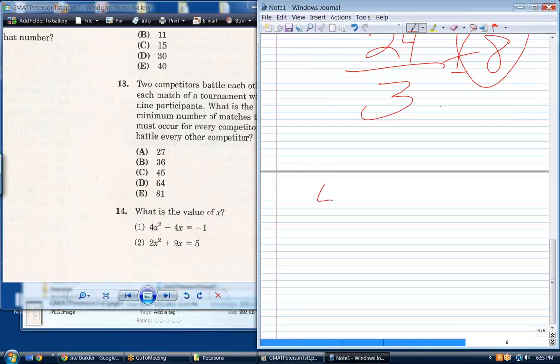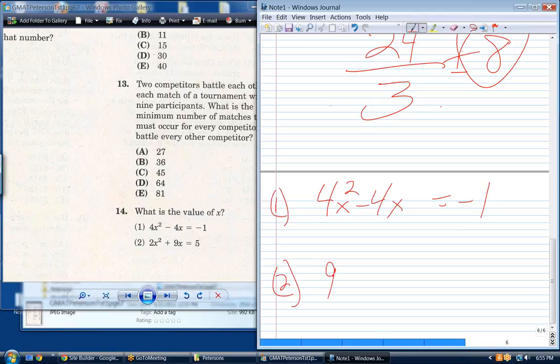So we have 4x squared minus 4x equals negative 1. It's proposition number 1. Proposition number 2. Well, you need x by itself. Well, we definitely need to solve for x.